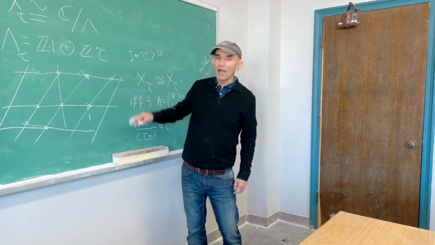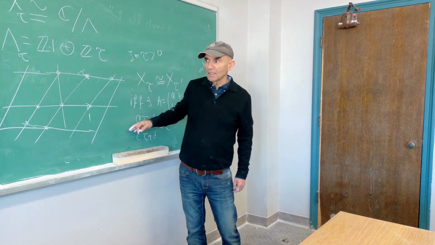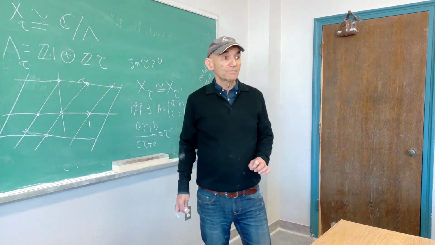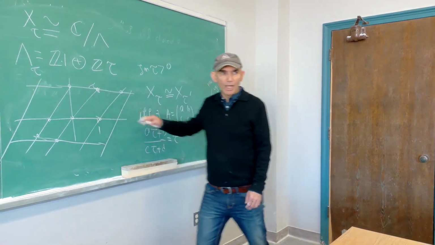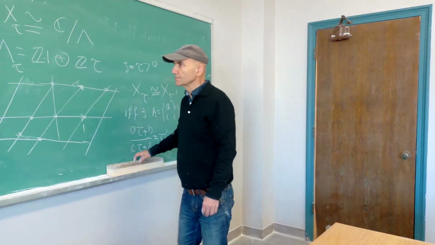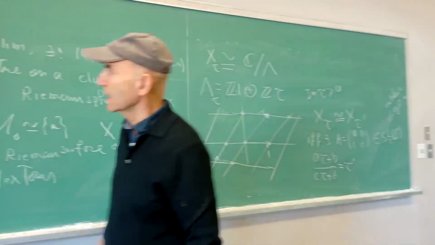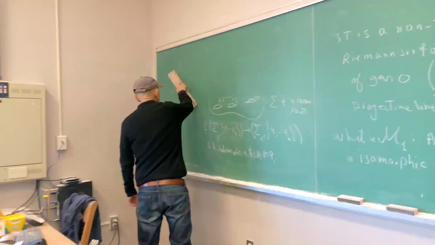If you believe these two facts that I mentioned, it just means that the moduli space of closed Riemann surfaces of genus 1 is equal to the upper half plane divided by the action of this group. So this is M0, and now I'm writing M1.